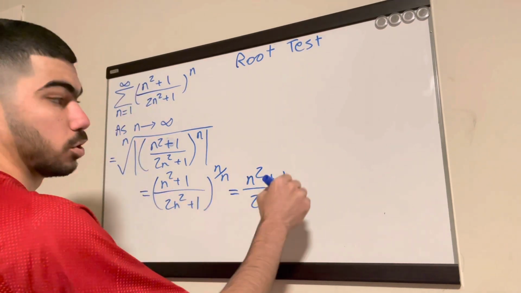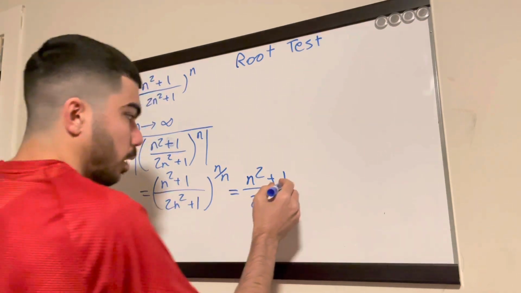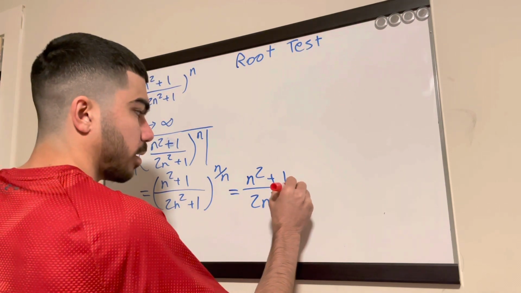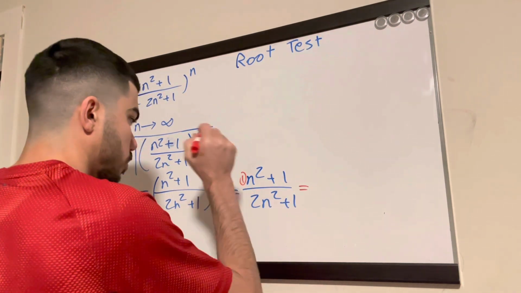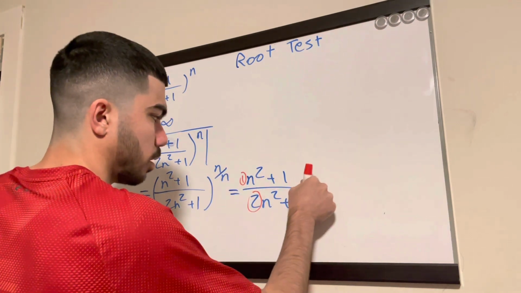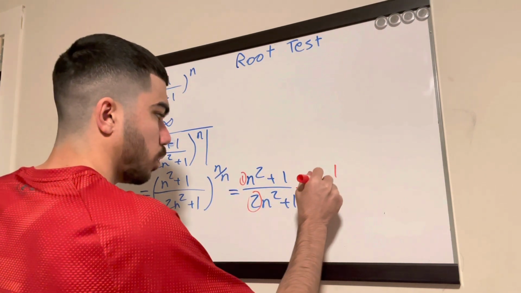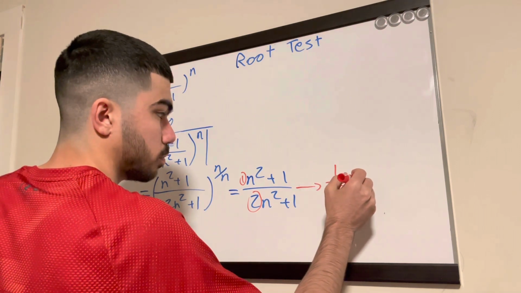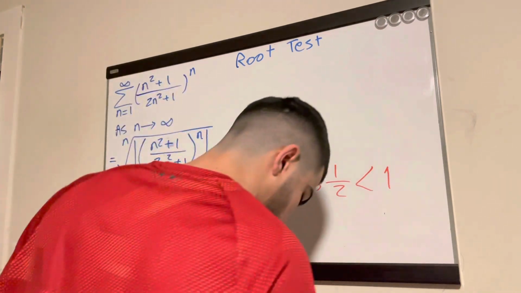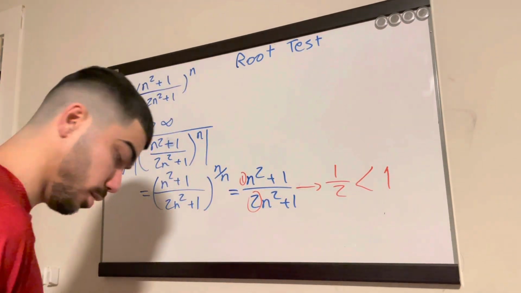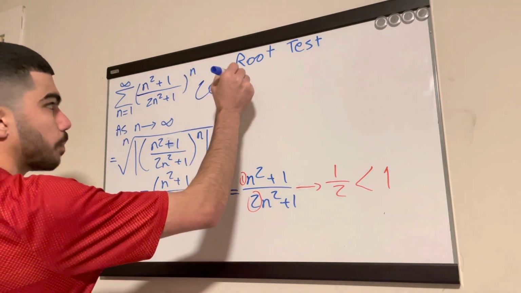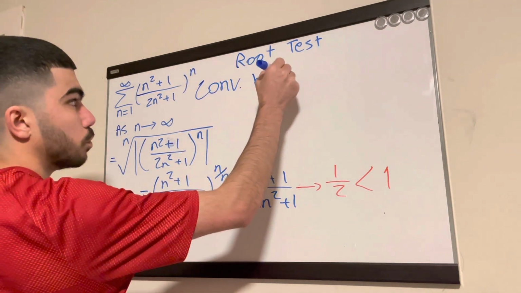You just don't write the power 1. The invisible 1 over 2 gives us 1/2, which is smaller than 1, which is a good thing, because it means this one converges by the root test.